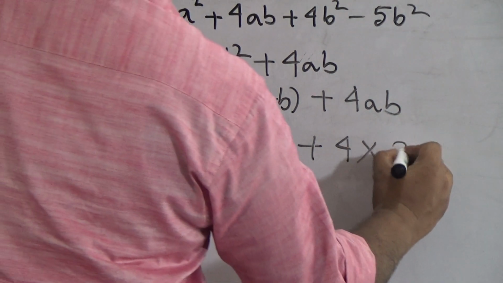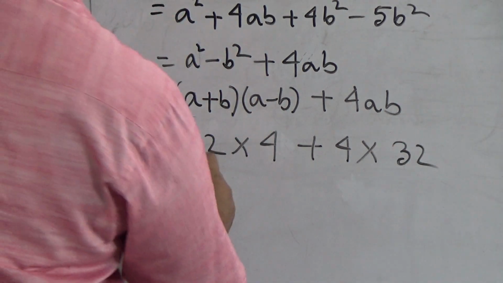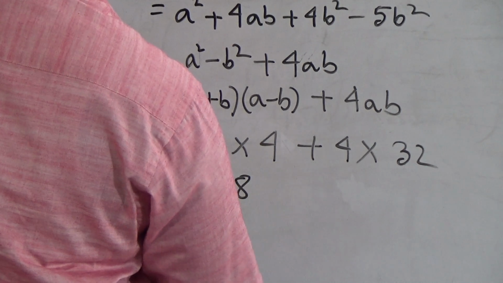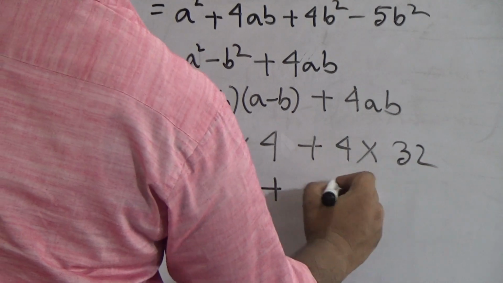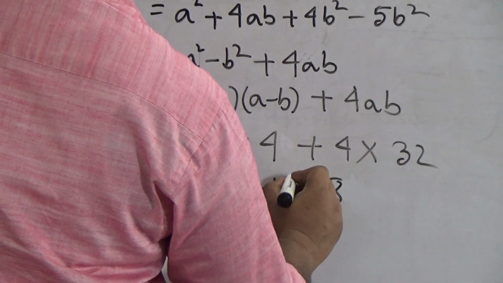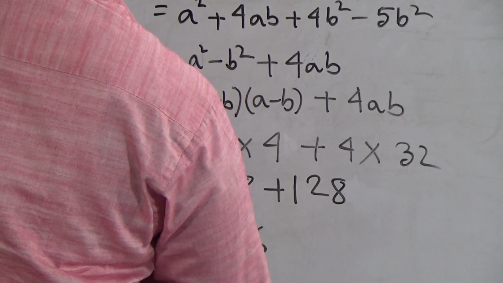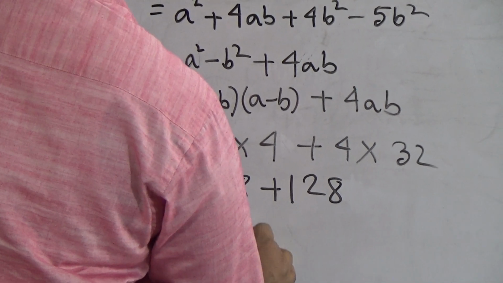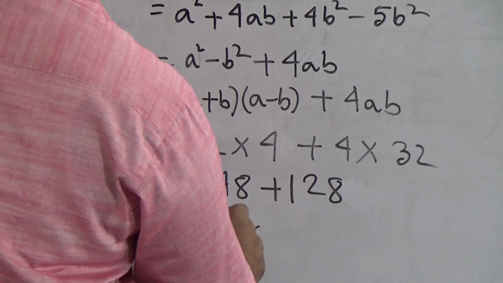It is 32. Now we do multiplication. 4 2s are 8 and 4 1s are 4. That means 48 plus 4 2s are 8, 4 3s are 12. Now we do addition. 8 8 16, 4 2 6 plus 1 7. Plus 1 7 and 1 is written here.